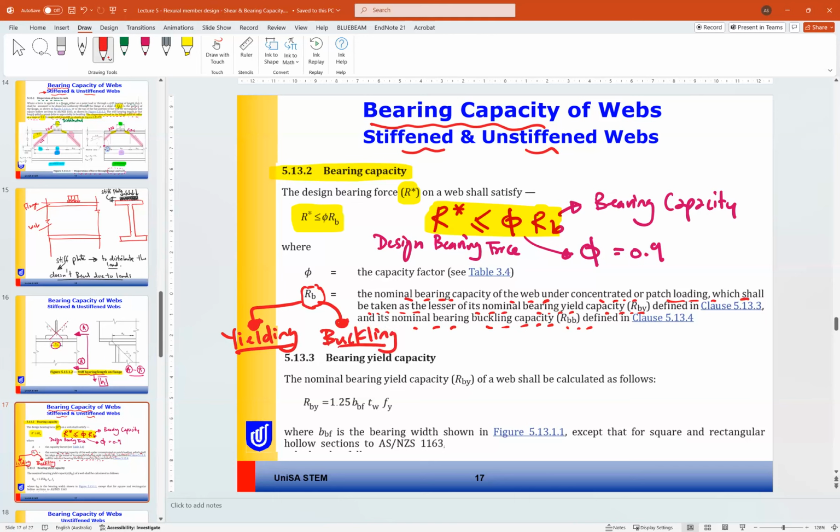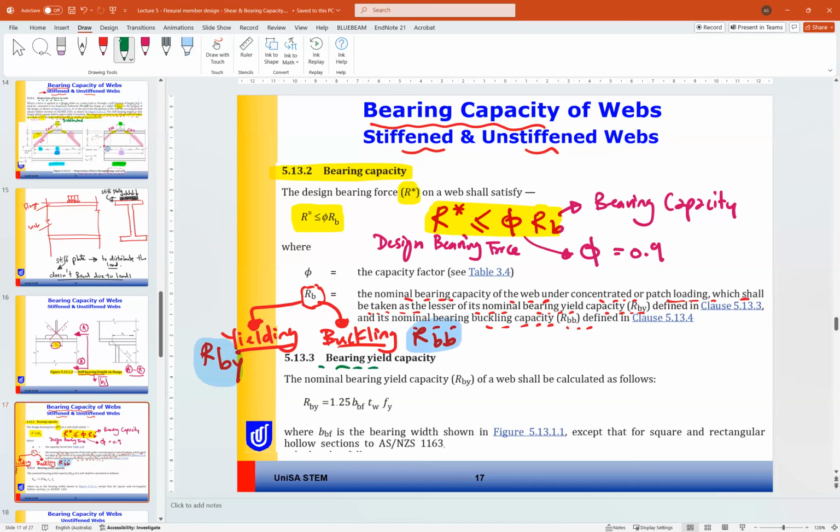For yielding it is RBY, for buckling it's RBB. So again, we have two values, yielding and buckling. When to find the yielding value and when to find the buckling value, we will see now.